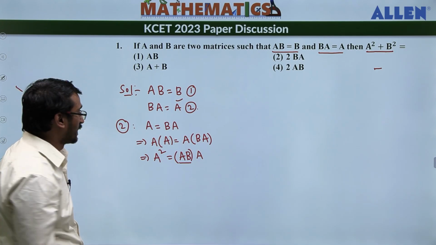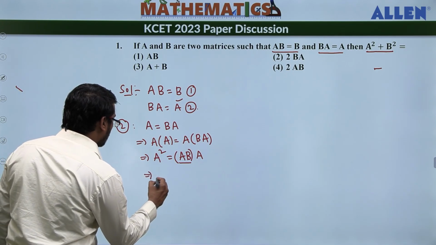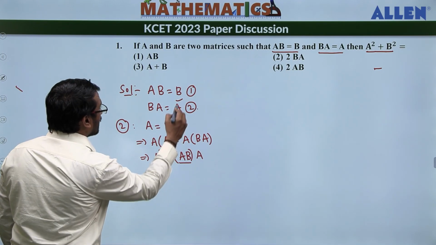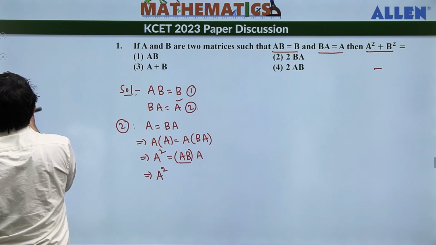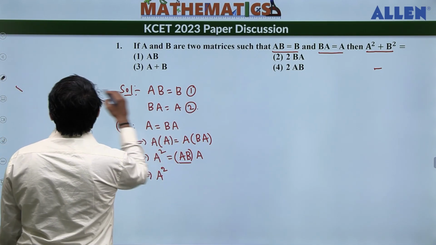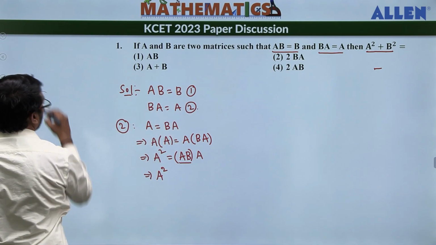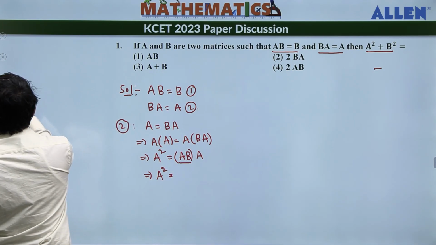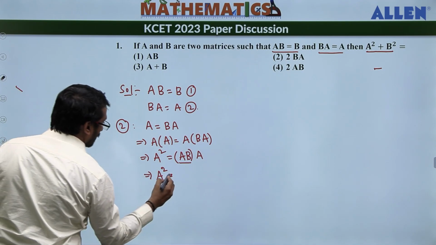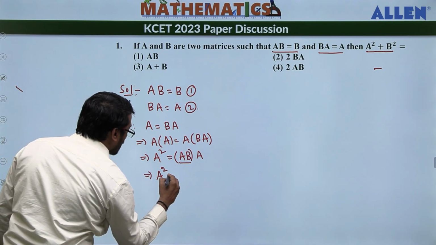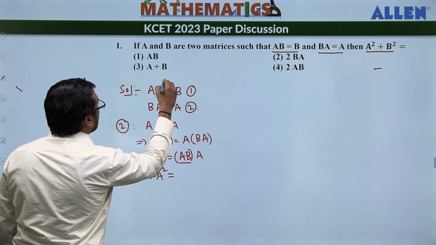A. So, A square is equal to AB. AB is equal to B.